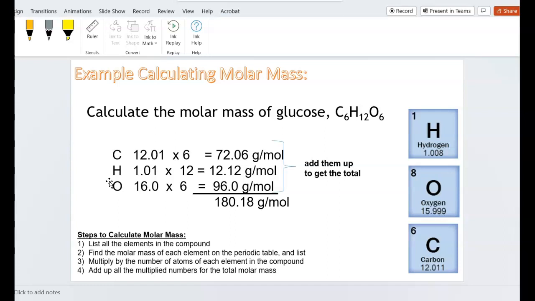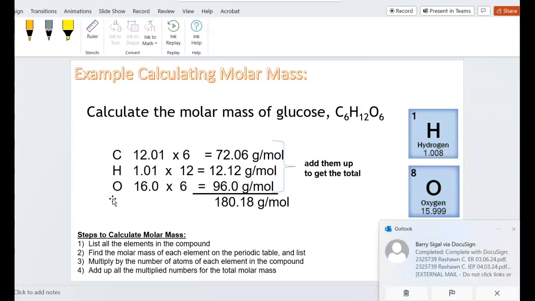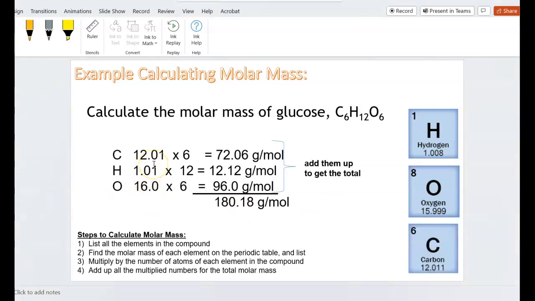So here's an example. If I wanted to find the molar mass of glucose, C6H12O6, I'm going to start by listing out the 3 elements that I see there in the compound. I'm going to go to the periodic table and find the molar mass of each one. Carbon is 12 from the periodic table.